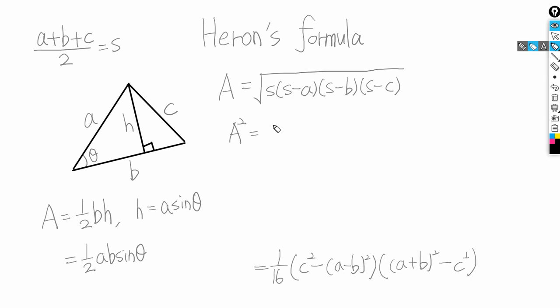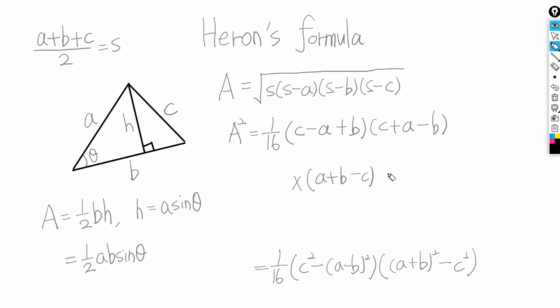And once again, we can use sum and difference formula to factor each parenthesis. In such case, the first parenthesis becomes (c minus a plus b) times (c plus a minus b). And the second parenthesis becomes (a plus b minus c) times (a plus b plus c).